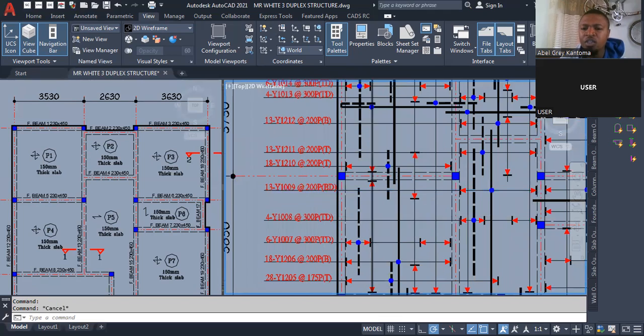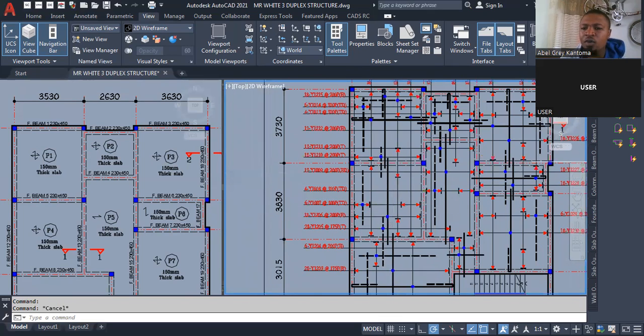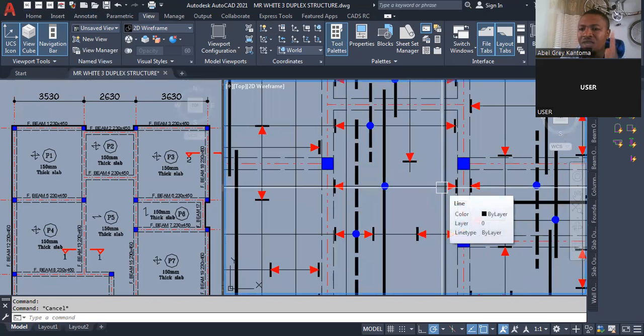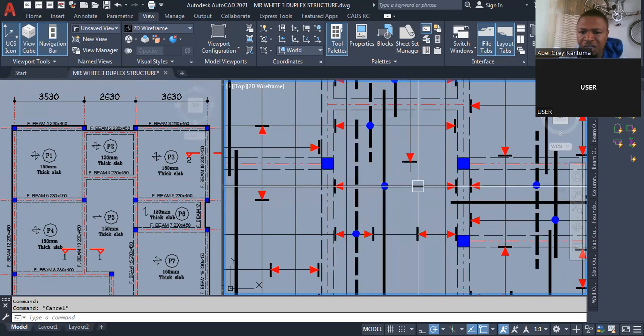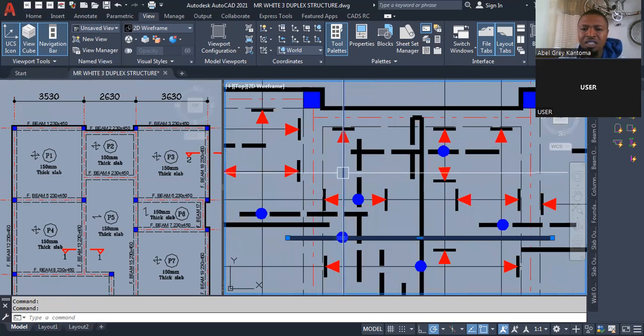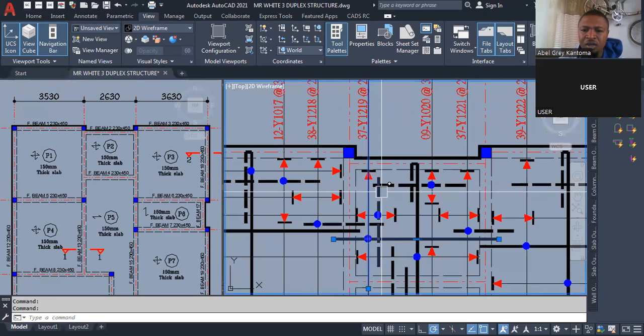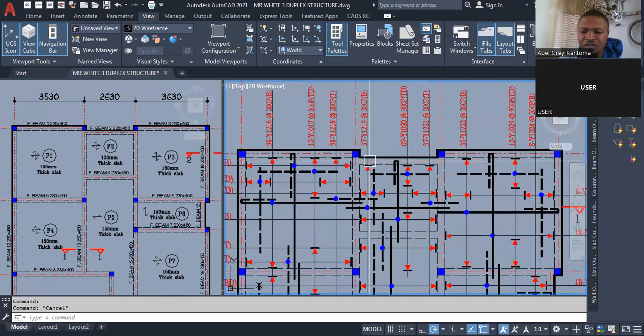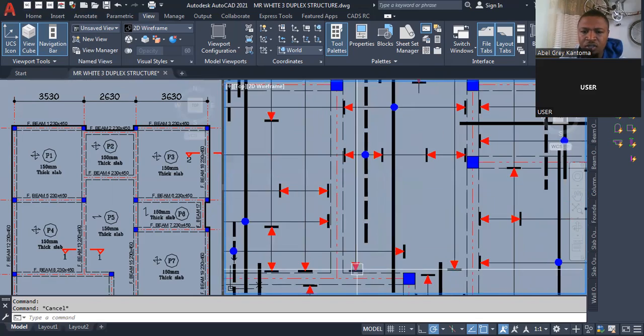I was explaining the reason why we have a one-way slab. Our main reinforcement is being spread along the short span. Along this short span, this is the reinforcement and this is the call out for it. This reinforcement starts from here and comes to this place.